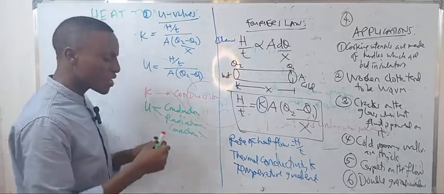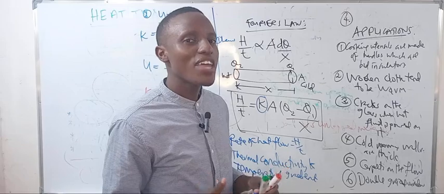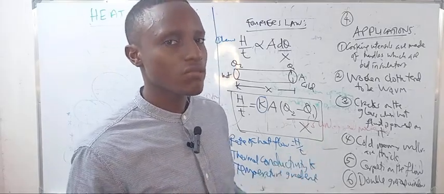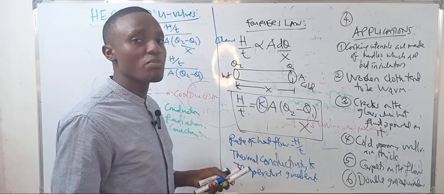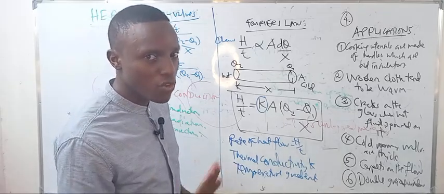So they will ask you a question: why do engineers tend to use U values more than K, the thermal conductivity? What's the reason behind it? The U value is most used by engineers in construction to calculate the rates of flow of heat.